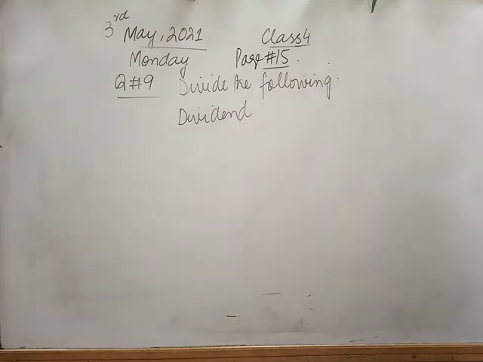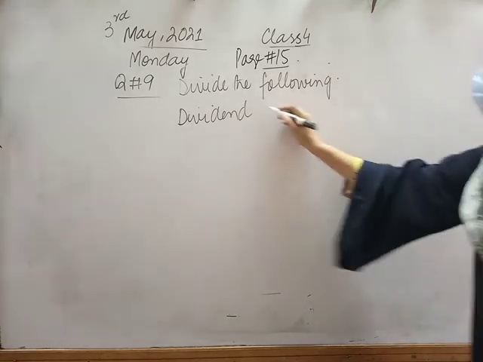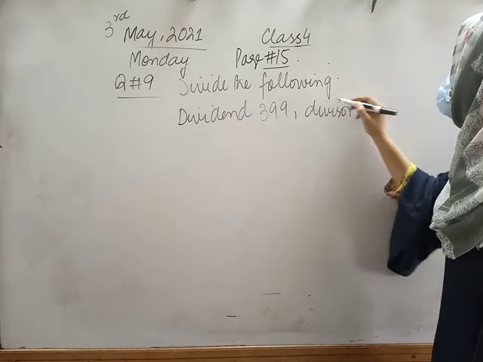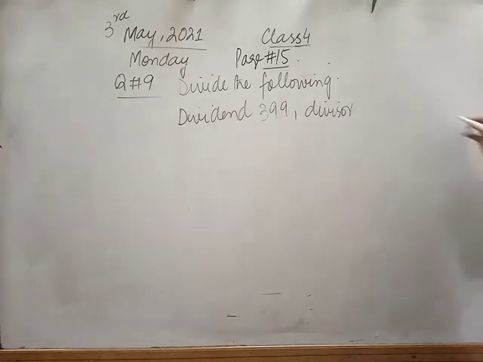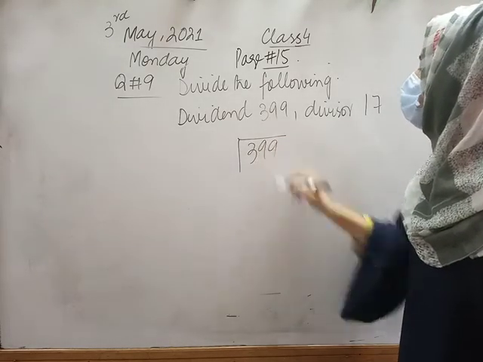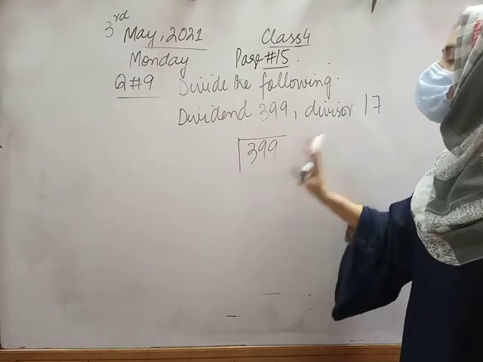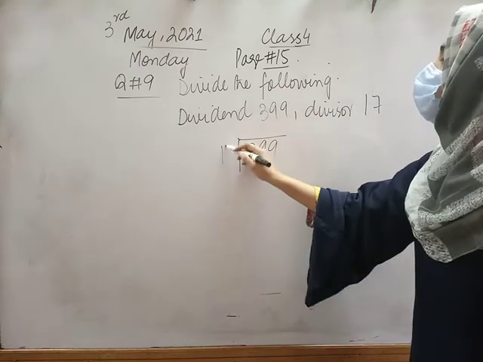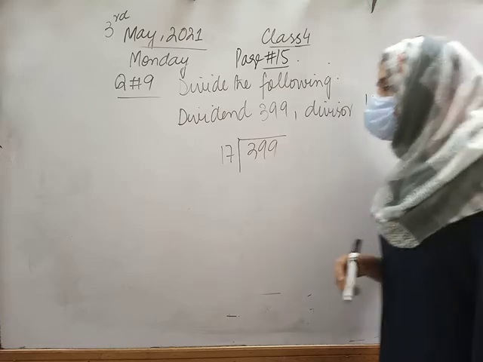Dividend is 399 and divisor is 17. So we will write 399 inside the division. हमें पता है कि जो inside the division में term आती है is known as dividend and we will write 17 outside the division.